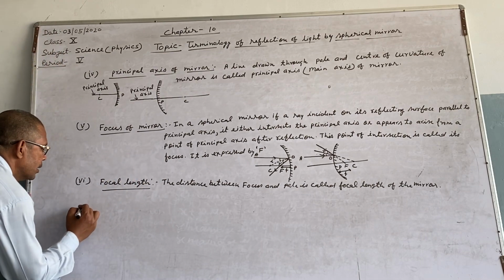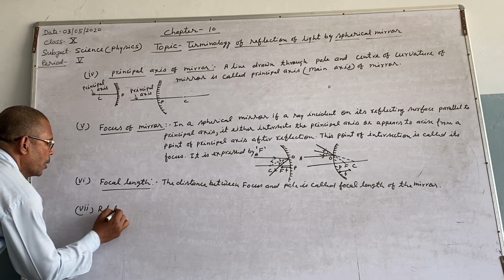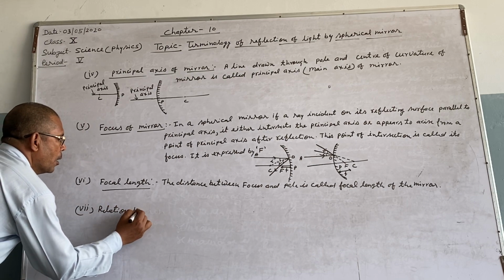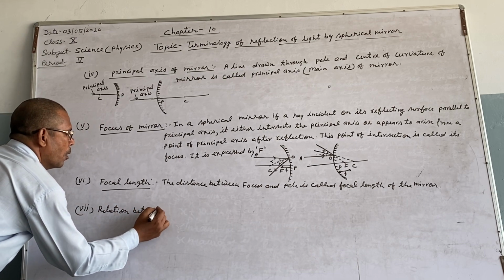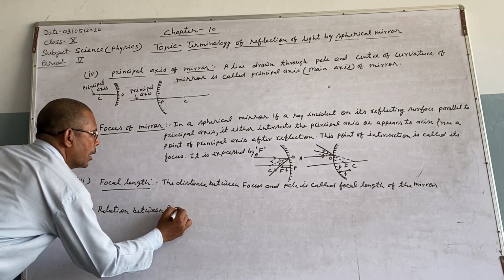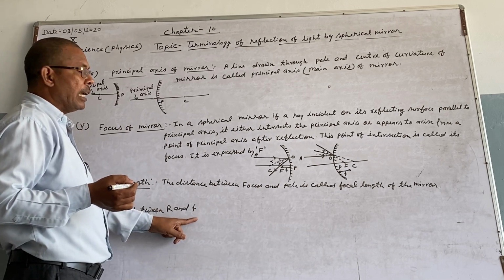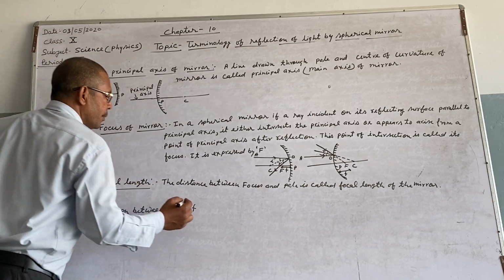And last point, the relation between capital R and F, means radius of curvature and focal length.